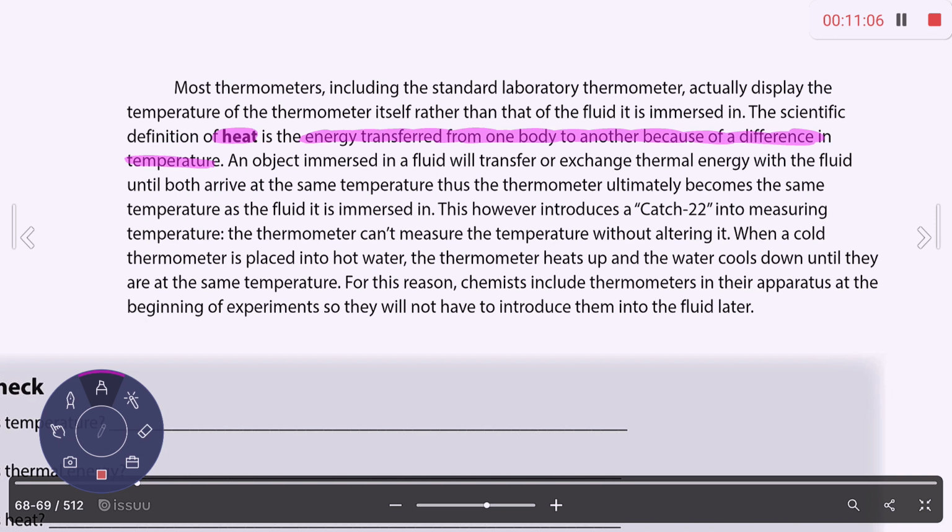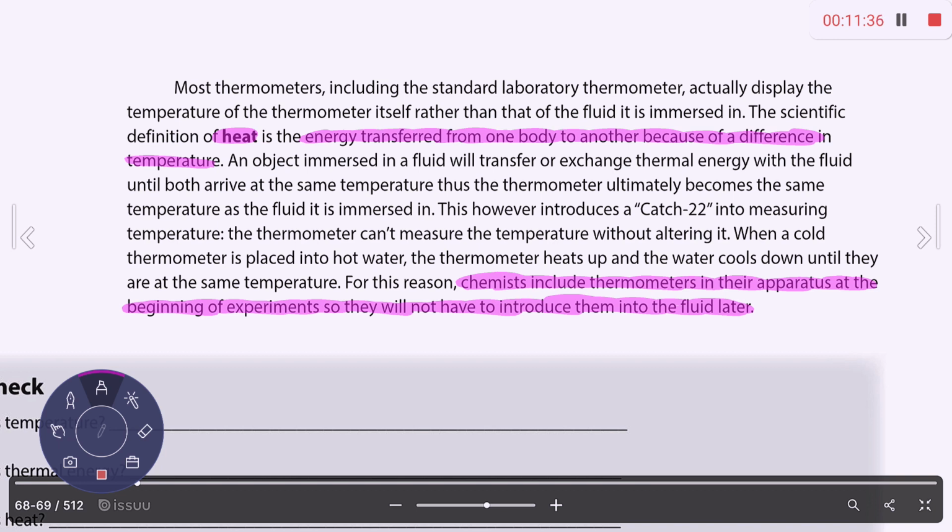And then when you guys are doing an experiment, you should know that you put the temperature probe in an experiment at the beginning because our temperature probes have a metal wand, and that metal wand is probably not going to be the same temperature as whatever it is that we're measuring. So you want to introduce it initially so that you're not introducing it at a different temperature later because heat could move, right? From maybe our chemicals to the temperature probe or the temperature probe to the chemicals.